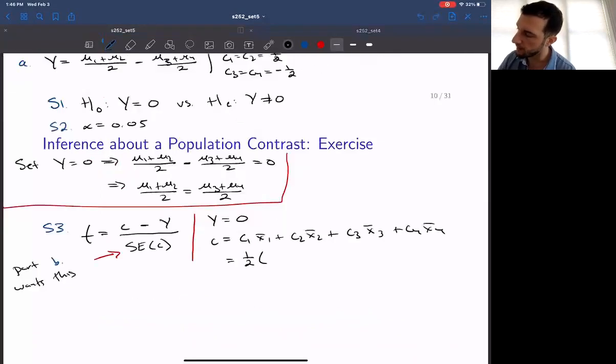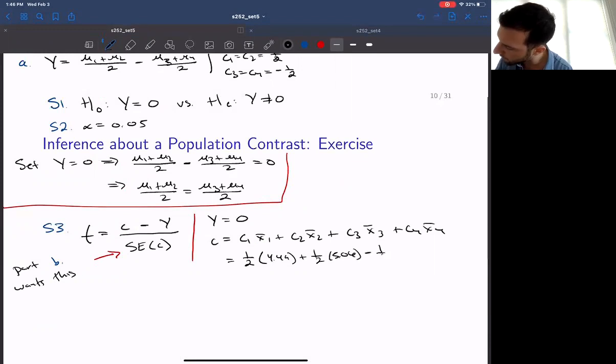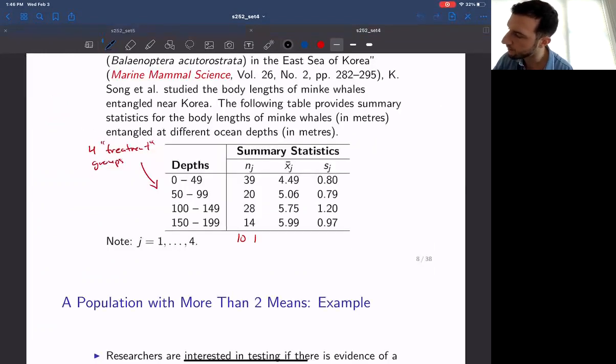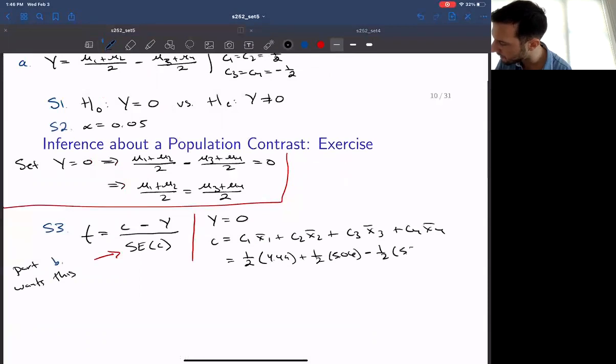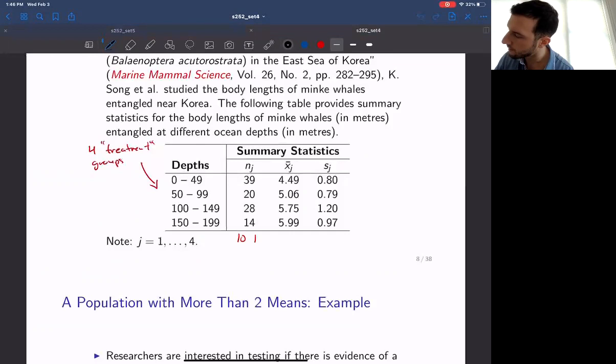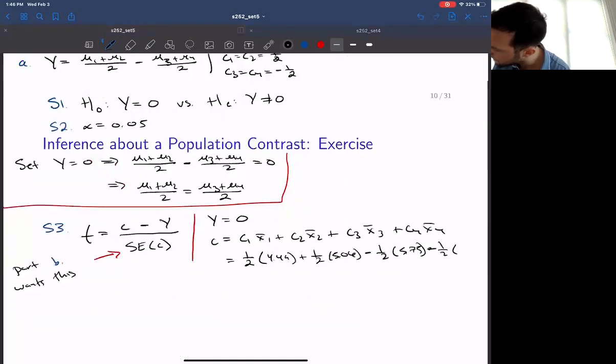So we'd have 1/2 times 4.49 plus 1/2 times 5.06, minus 1/2 times 5.75, minus 1/2 times 5.99.